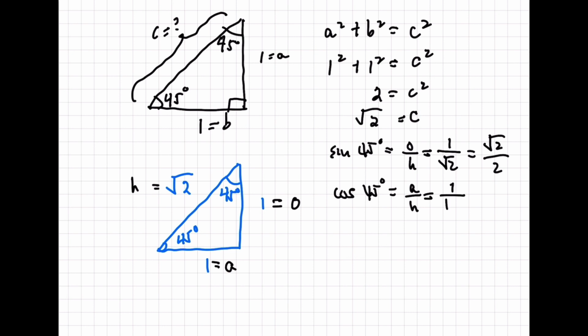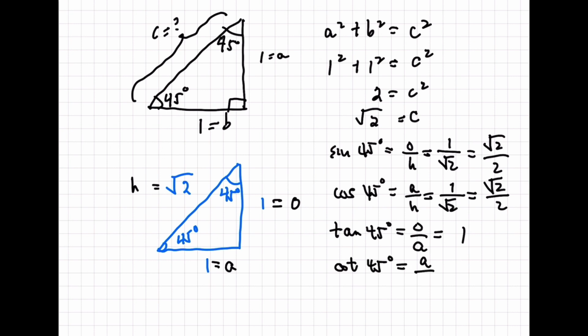So it will have the same computation. And your tangent is opposite over adjacent. That's 1 divided by 1, so 1. Then your cotangent will be the same. Reciprocal of 1 is also 1.